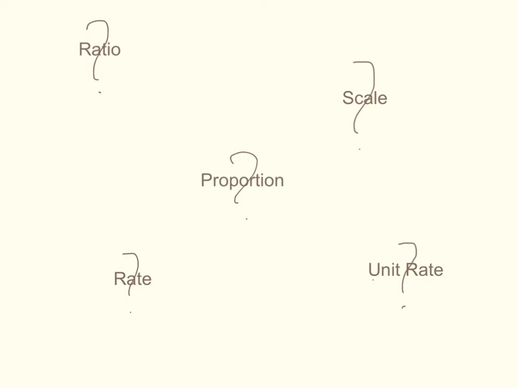So you see there's a whole bunch of different words that we use and they're all related. So let's review and try to write down a few things here that will help you remember. So for ratios, let's write down some words that you can use to see if it's a ratio.